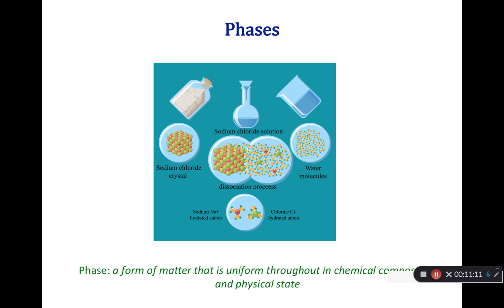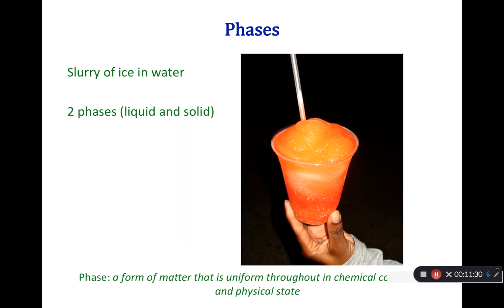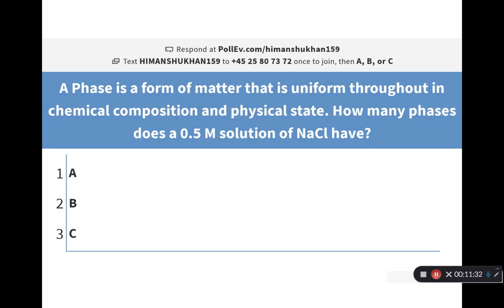Here is a pictorial description of a solution of salt. If you take some salt and some water and you dissolve it, all the sodium and chloride ions are eventually surrounded by water. So this is a hydrated sodium ion and this is a hydrated chloride anion. And the question is, if a phase is a form of matter that is uniform throughout in chemical composition and physical state, then how many phases does a 0.5 molar solution of sodium chloride have?